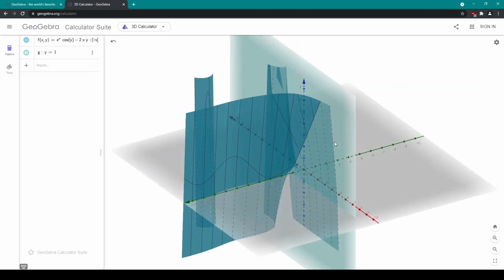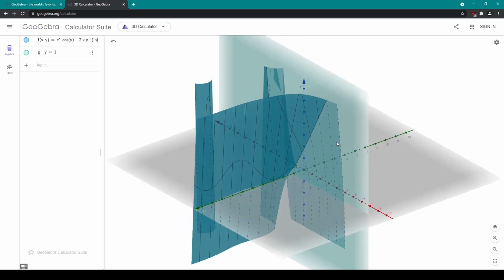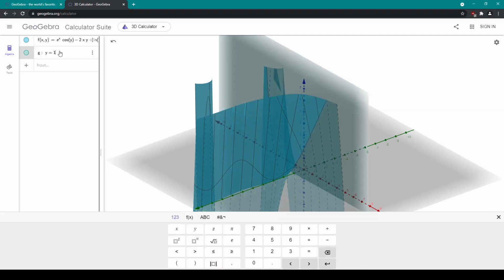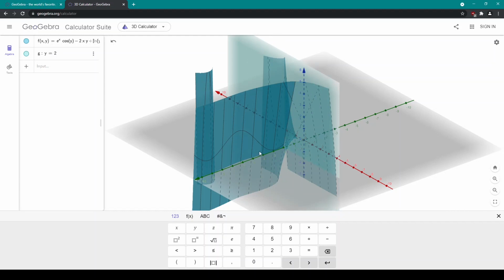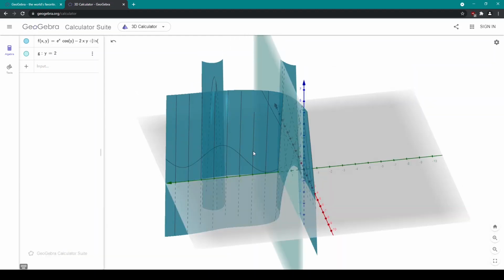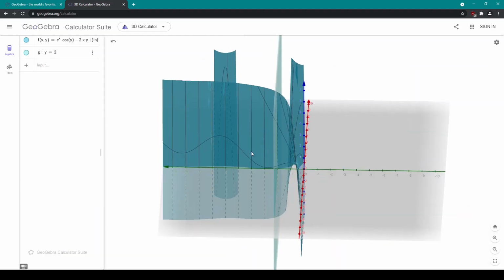Again, the picture is quite busy because of how complicated the surface that we originally graphed was, but we have the ability to take a look at this. And we can change this plane to some other value and see what is going on here.